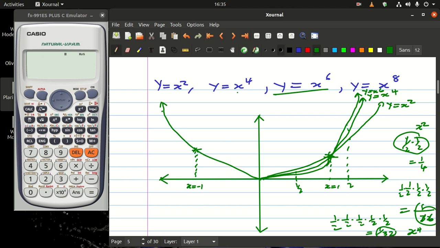So we can expect x to the power 8 to be of this type, and then the others to be of this type, and then they get inside. This is y is equal to x to the power 8. And of course, this side, they do the same thing, and they keep doing the same thing. So this is y is equal to x squared, this is y is equal to x to the power 4, this is y is equal to x to the power 6.